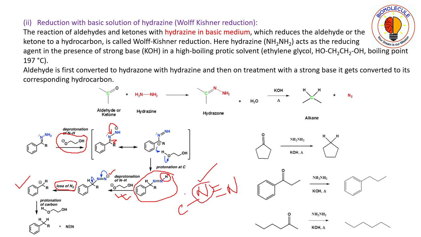So to maintain its octet, it has to break this carbon-nitrogen bond. Now we have this carbanion, and it again takes up one proton from ethylene glycol to give you the corresponding hydrocarbon here. I hope this mechanism is clear to all of you.